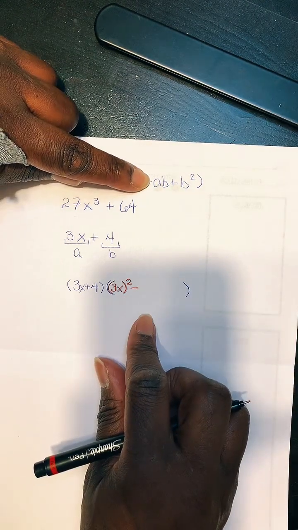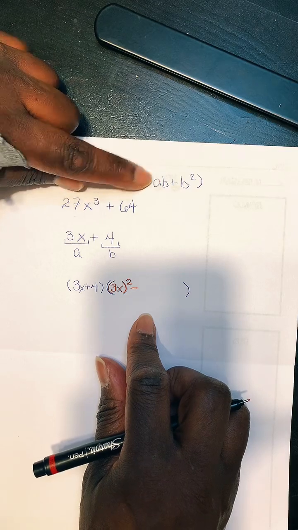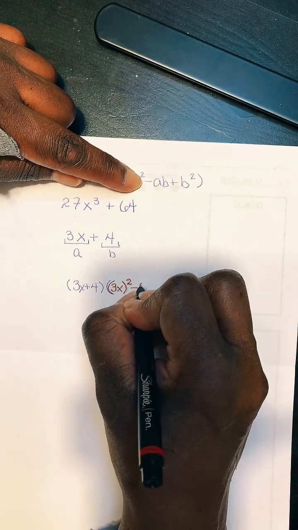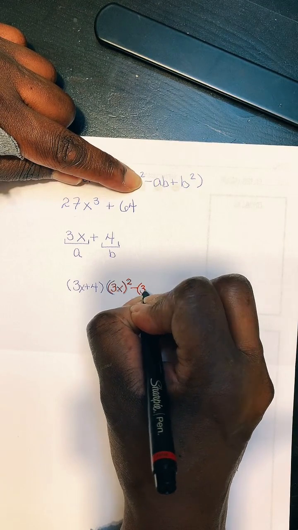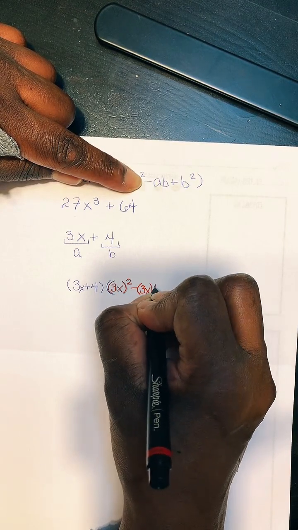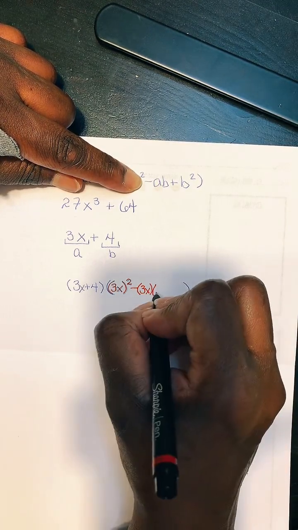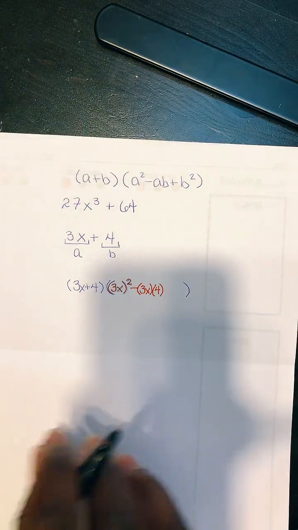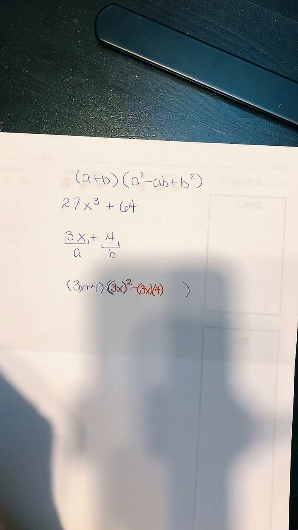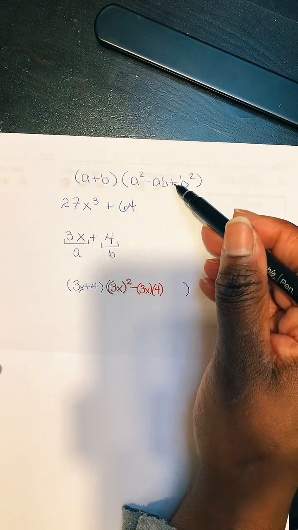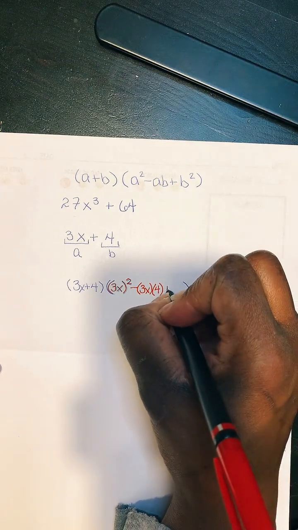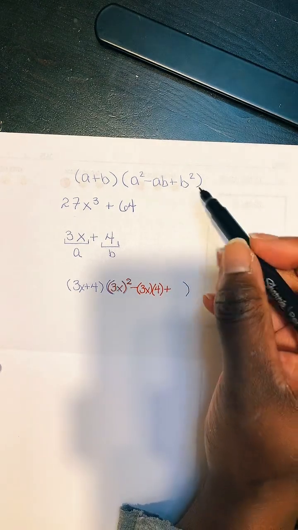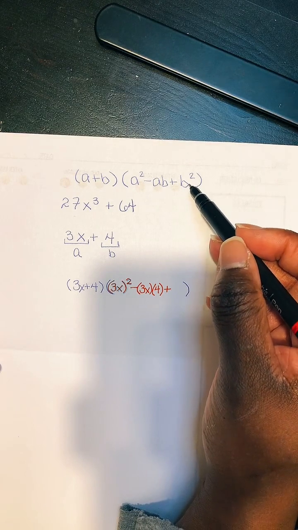So now we're going to multiply the a and the b. So the a is 3x. The b is 4. Plus sign, bring it down. Now we're going to square our b.